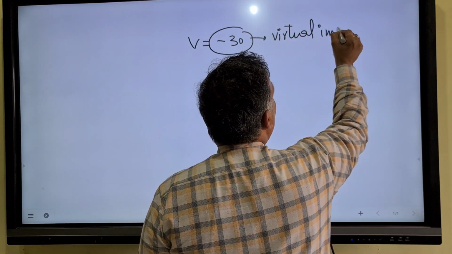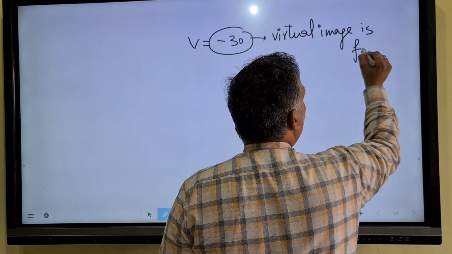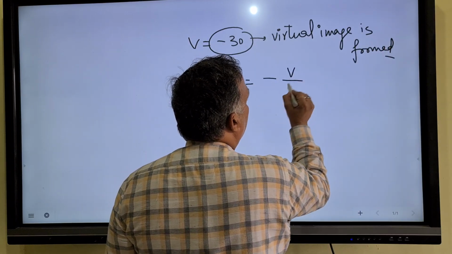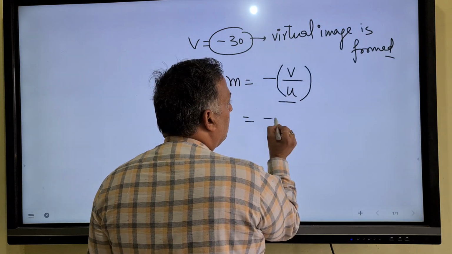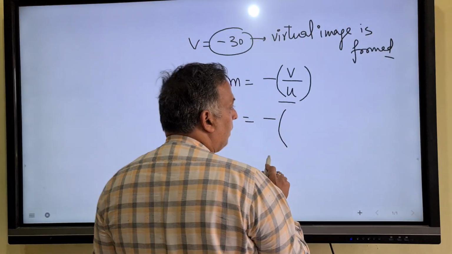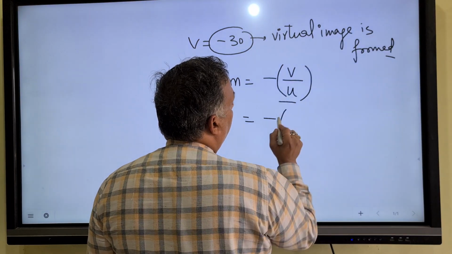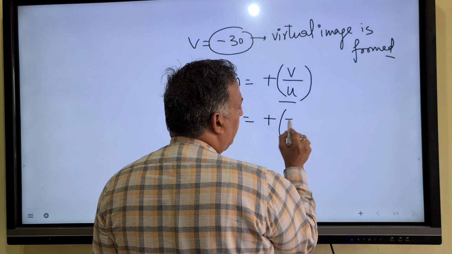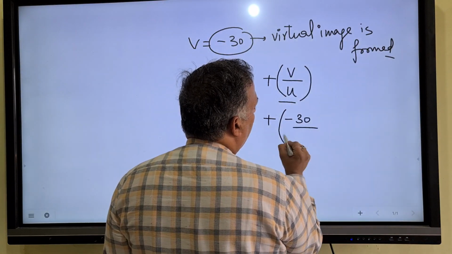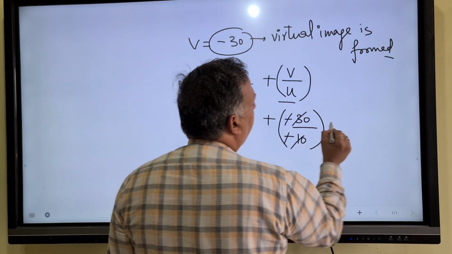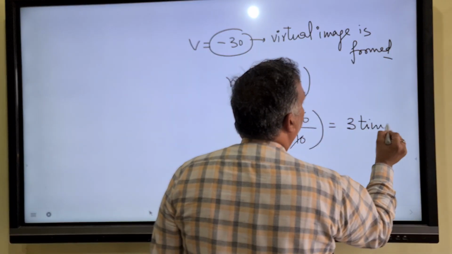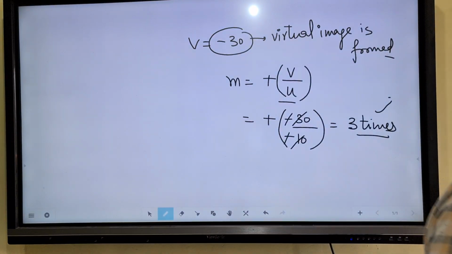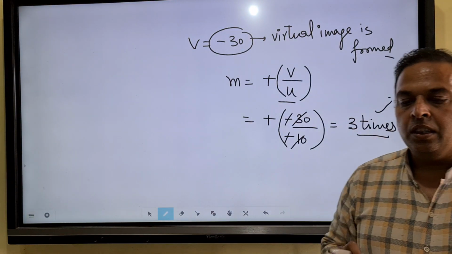And m is equal to v upon u, so it is minus 30 upon minus 10. So magnification is 3 times. So a 3 times magnified image is formed with this.